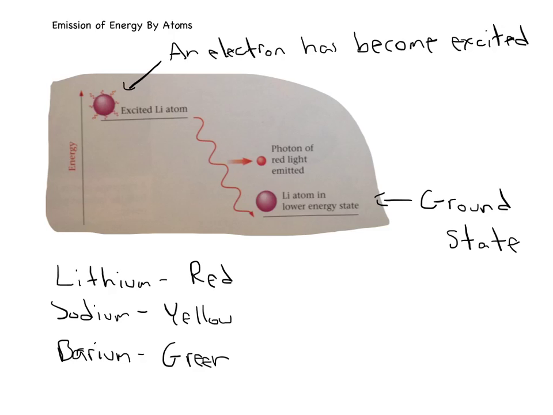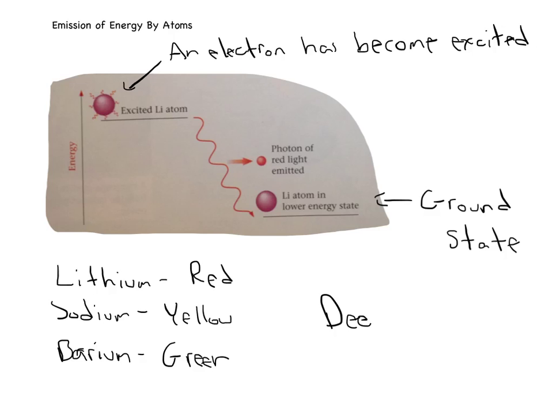And so typically most lithium atoms, when they get excited and then come back down to the ground state, give off a red photon. That's why lithium tends to give off a red color. If you want to make a lot of money, right now there's not a chemical that gives off a deep blue.